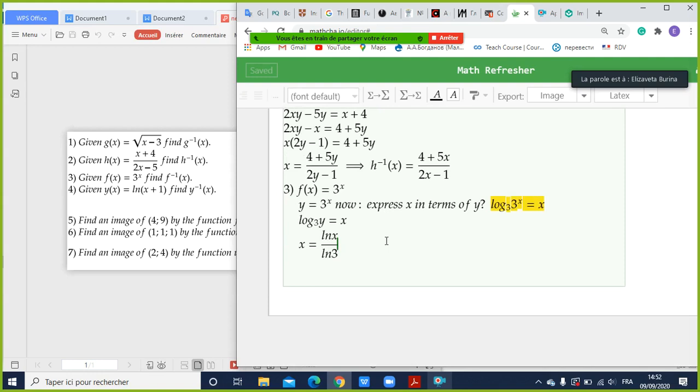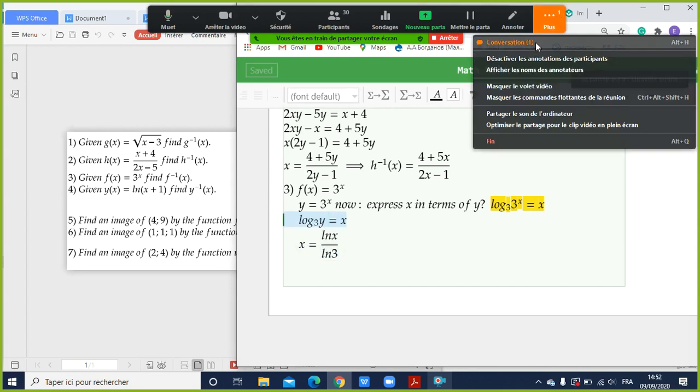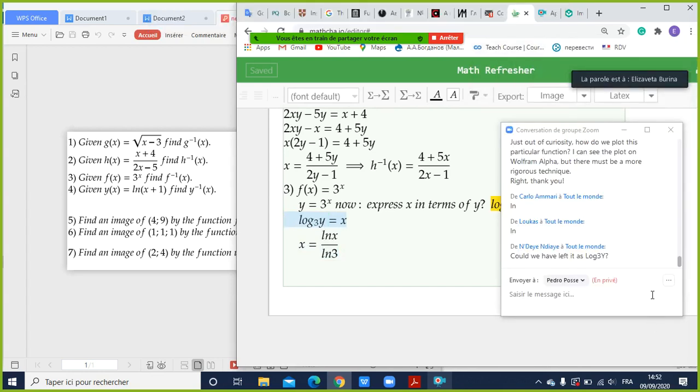I was not expecting you to get this. I was expecting you to get this. Yes, absolutely, you could. This comes from the property of logarithms that is changing base.